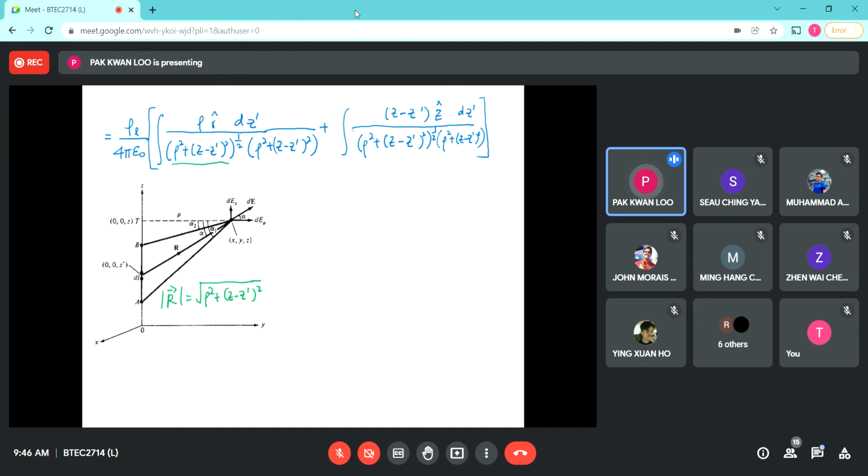And z minus z prime is this length here, and this length divided by R is sine phi.